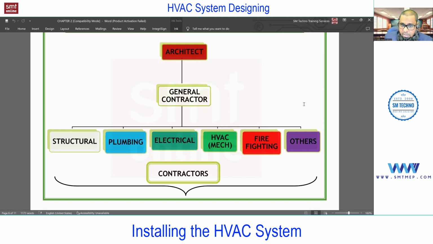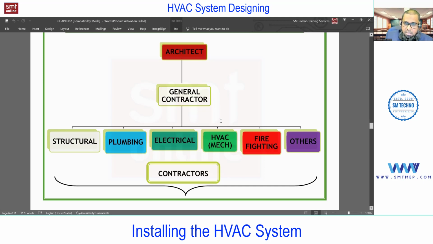The main consultant, or the owner's consultant, provides the job to the main contractor in case it is a big project, or else directly he can provide the work to the subcontractors. So it depends on the case. Just focus on the concept. In actual practice, as per the location and the type of project, these options may vary.